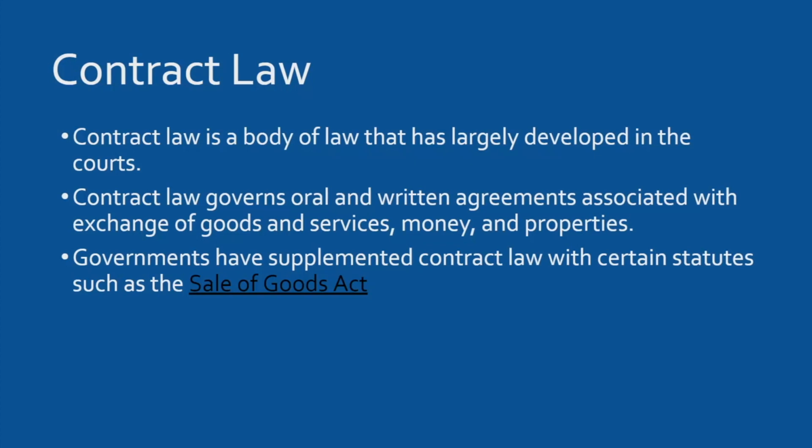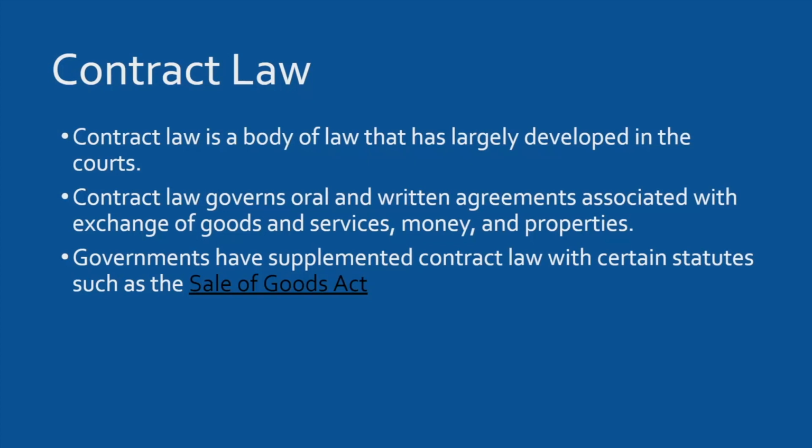If you think about services representing 60 to 75% of the economy, contract law covers that too. Me shoveling your snow is an example of a service as opposed to a good. But contracts also cover money and properties. And with properties, the Statute of Frauds says that all those types of contracts must be in writing.